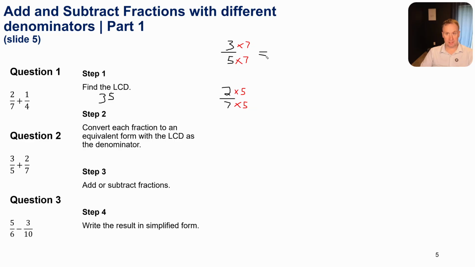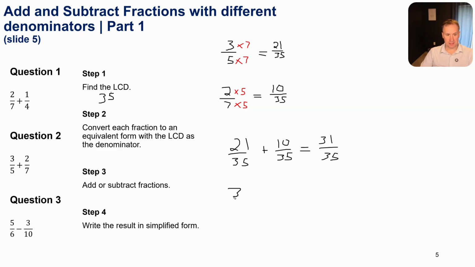So completing this equivalency, we now have 21 over 35, and we have 10 over 35. So let's go ahead and now write it horizontally. It's 21 over 35 plus 10 over 35. Adding our two numerators, we now get 31, and we keep 35 the same.